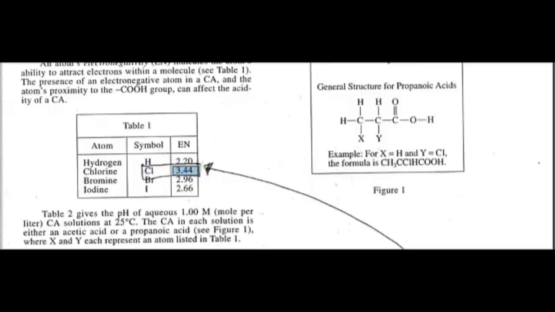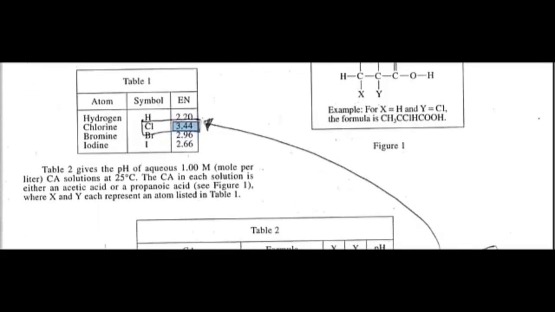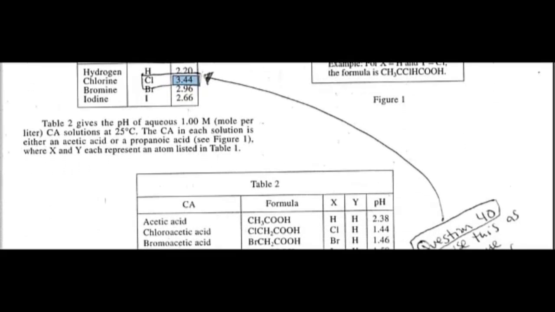Now, let's jump on down and see what happens to the pH of chlorine in something that we're looking for here. Here is chloroacetic acid, which is very, very similar in structure to fluoroacetic acid, which we're looking for. So the electronegativity is 3.44 on chlorine, and for chloroacetic acid, the pH is 1.44.